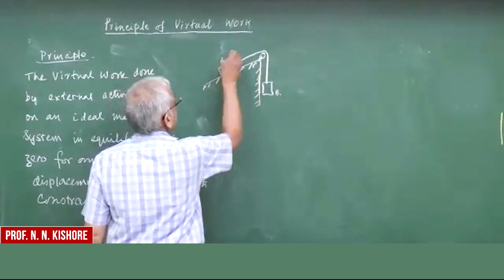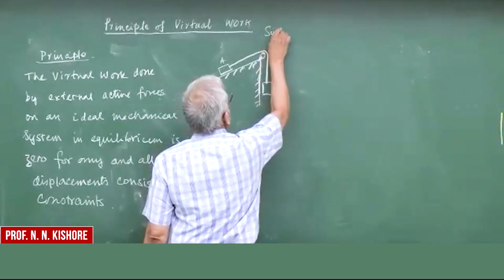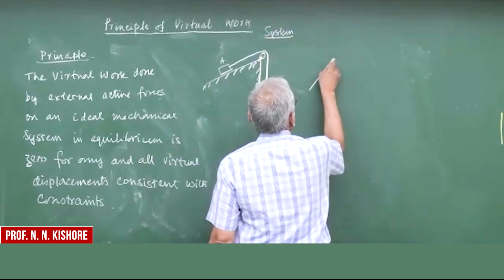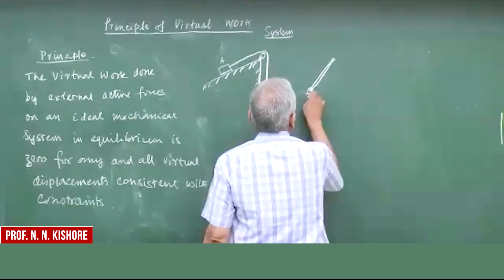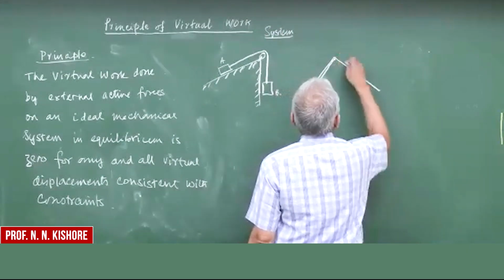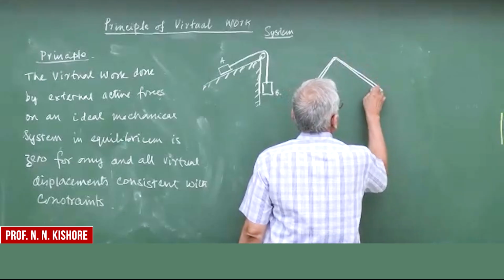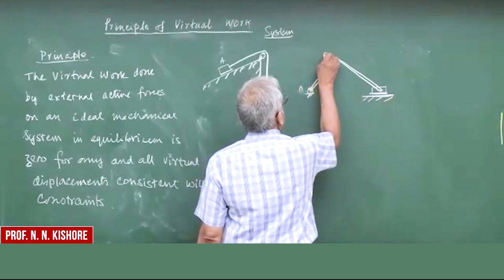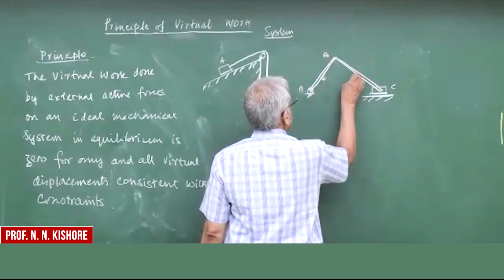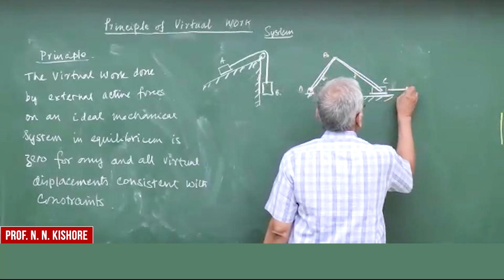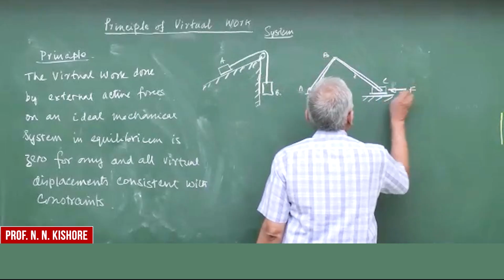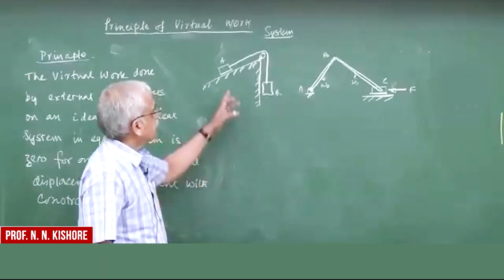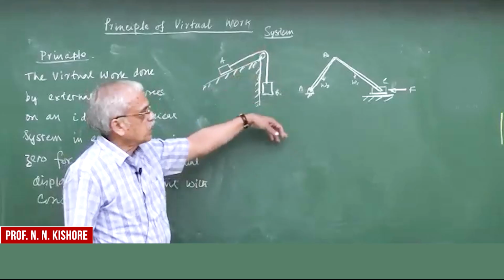So this is a system of connected bodies. This is a system of just two bodies connected by a rope.